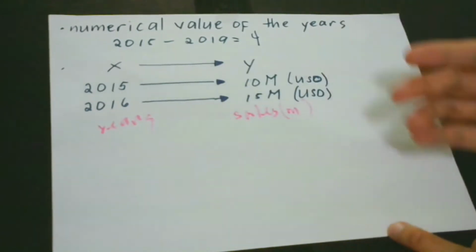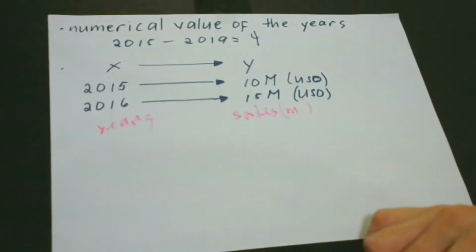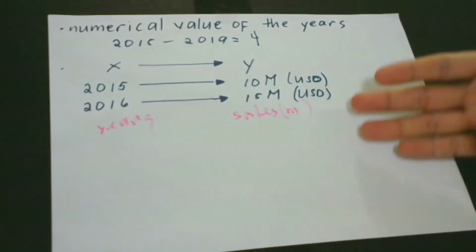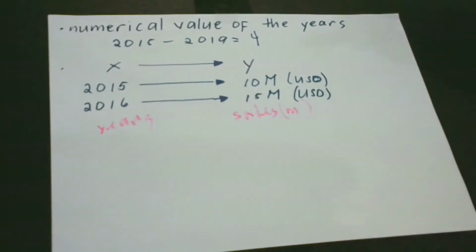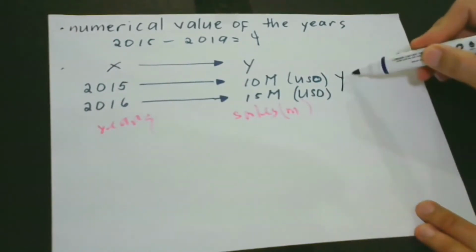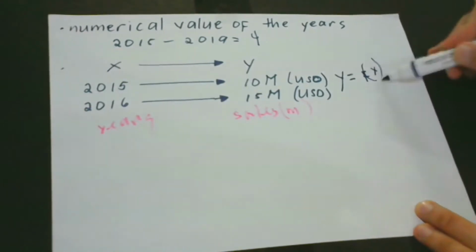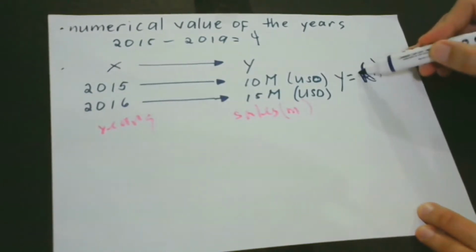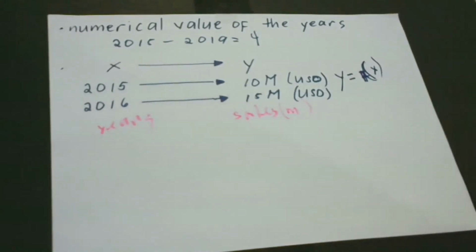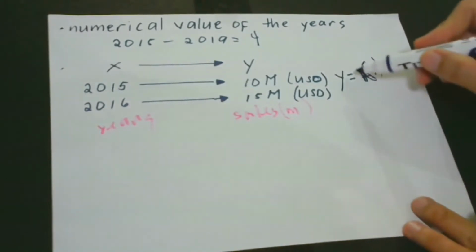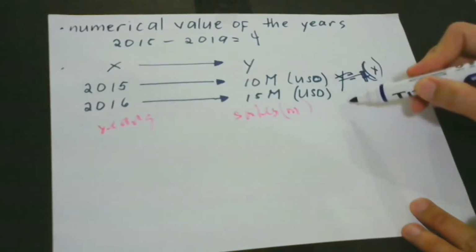We can say y is a function of x, and in mathematics it can be written like this: y is equal to the function of x. Let me write it again here.